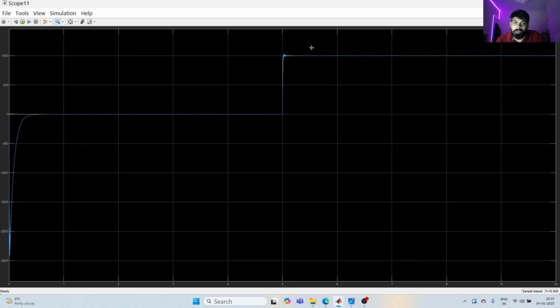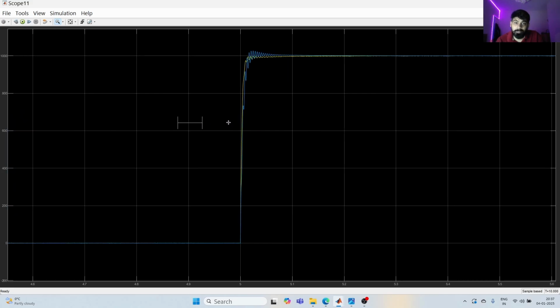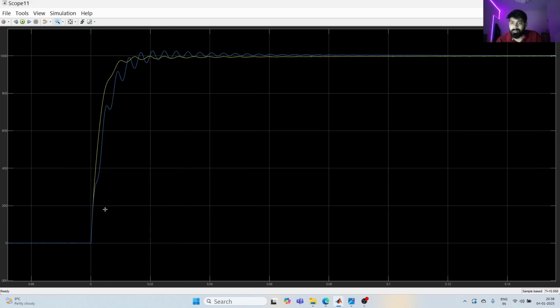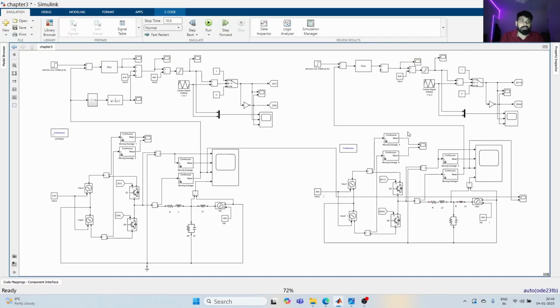The yellow one is with the feed forward compensation. And if you see the step response, you can see the blue one basically going out of our limits and very slowly damped. It has a very poor steady state characteristics, and these oscillations basically are not healthy for our system. But the one with the feed forward compensation, the yellow one, looks perfect, looks good. I think that's all for today.